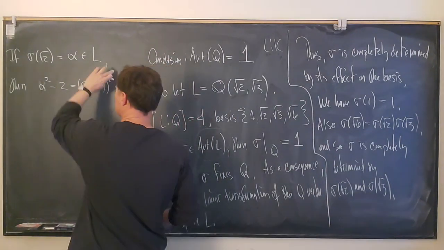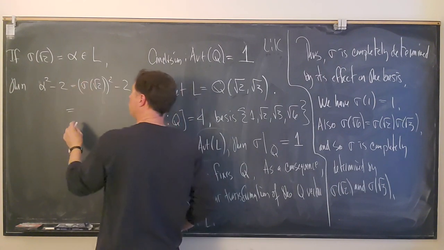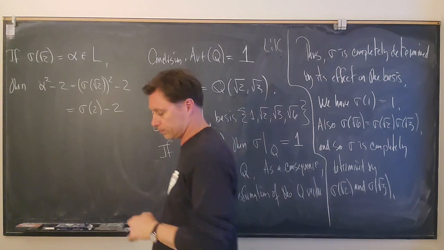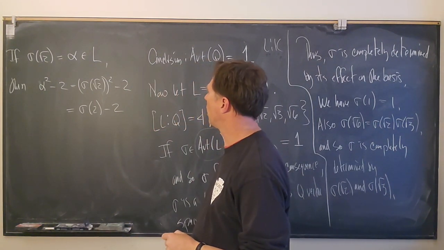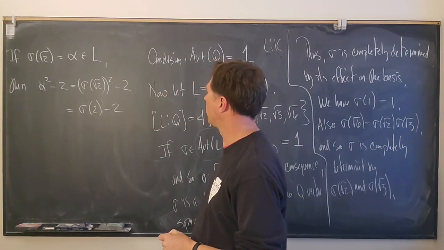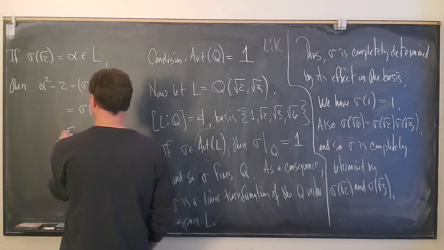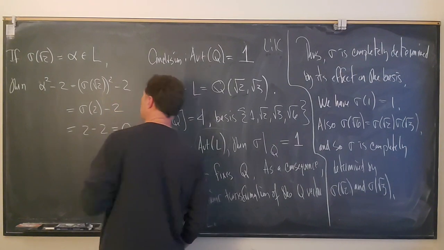We've got a homomorphism here, so I can bring that 2 inside. That's sigma of 2 minus 2. But 2 is a rational number. Sigma has to fix it. So this is equal to 2 minus 2, which is equal to 0.